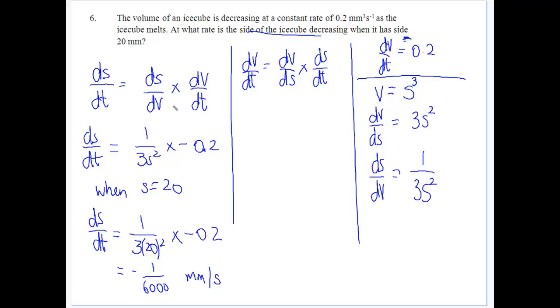We can take the reciprocal of dv ds, which is ds dv, which we can then use. dv dt we know is minus 0.2, so we got ds dt in that form by using the chain rule, using the data that we had in our question to solve that. So when s is equal to 20, we do our substitution for the side being 20, and the times the minus 0.2 gives us minus 1 over 6,000 millimeters per second. Don't forget to add your units.